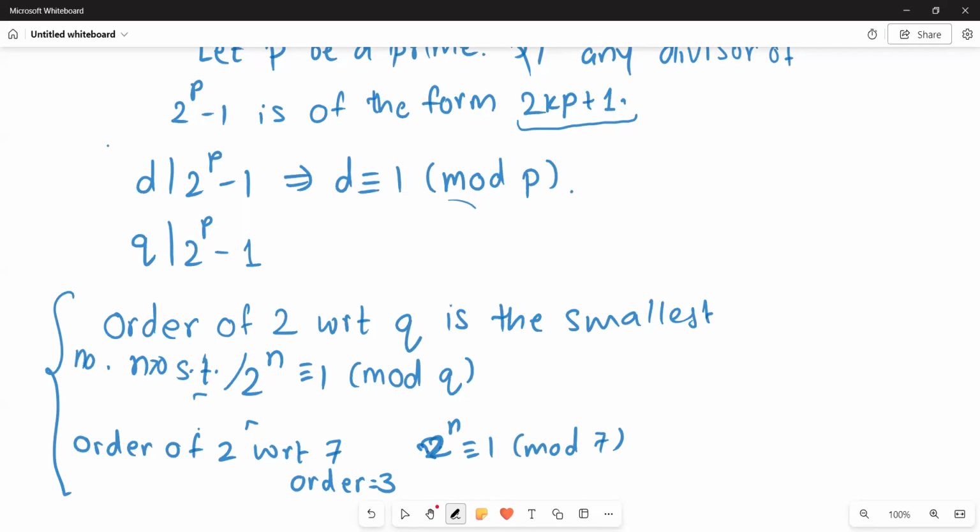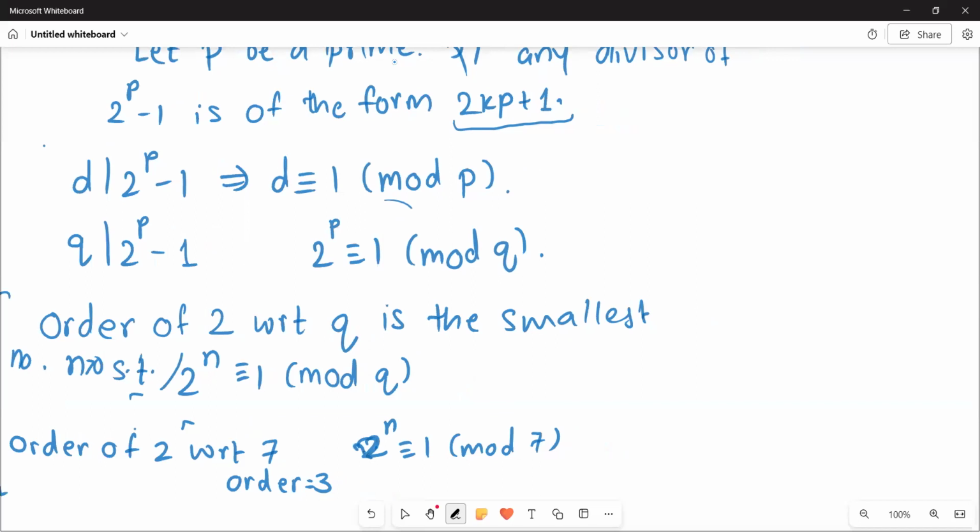We know 2 to the power p is congruent to 1 mod q, right? I am saying that 2 to the power p is 1 mod q.